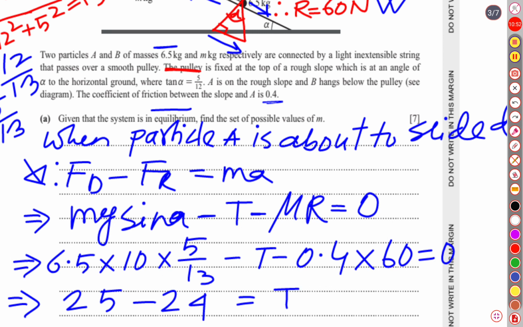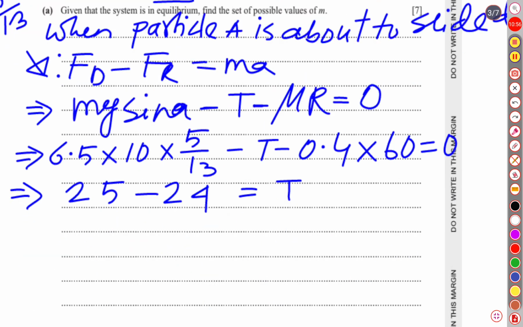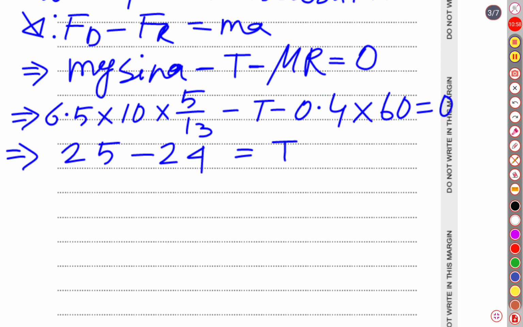Hence, this can be our equation number 1. Already we have come to know that there are two possibilities of tension. Hence, our T is going to be 1 Newton. This is one of the possibilities, when all the forces are resistance force except weight.